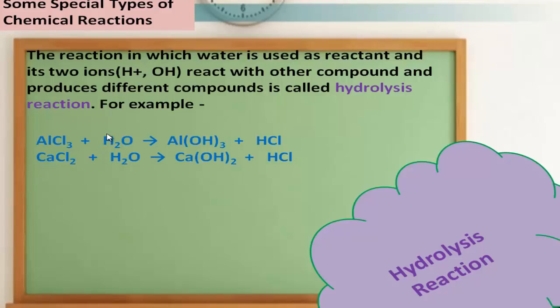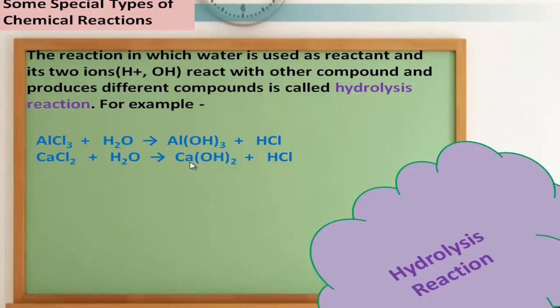Its positive hydrogen ion combines with the negative chloride ion, and its negative hydroxyl ion combines with the positive aluminum ion, and form different compounds, aluminum hydroxide and hydrogen chloride. So this type of reaction is called a hydrolysis reaction. Following the equation, you have to understand this is a hydrolysis reaction.